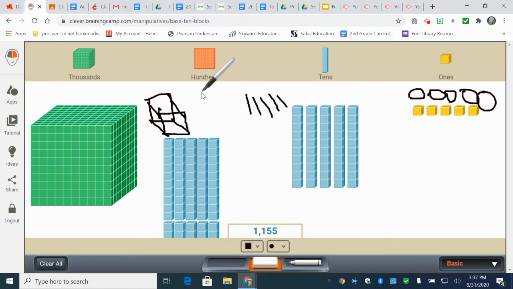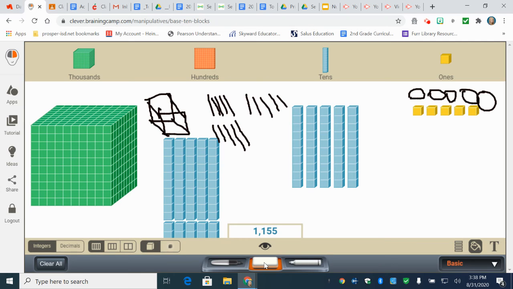So I'm going to have to draw 10 tens. 1, 2, 3, 4, 5, 6, 7, 8, 9, 10. All right, so now I have 1,000, I have 15 tens, and I have 5 ones, but I still have 1,155.